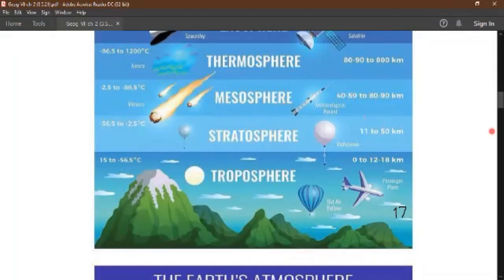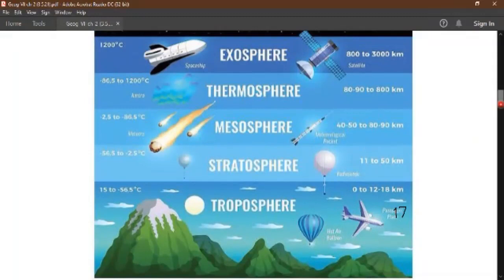The next layer is the thermosphere. Thermosphere extends up to a height of 400 kilometers. It corresponds closely with ionosphere as its lower part.